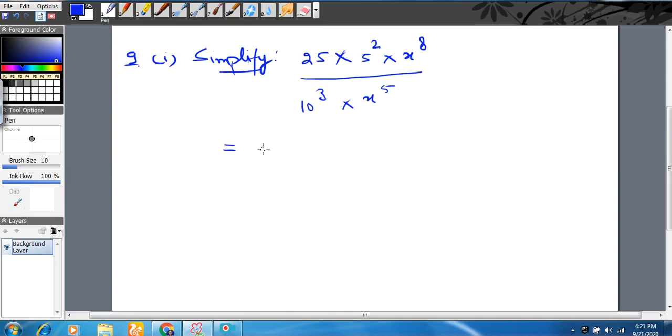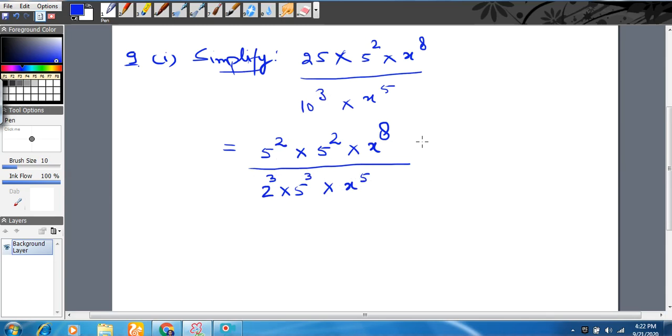Means यहाँ पर हम 25 को फैक्टराइज कर सकते हैं 5 स्क्वायर, तो इसको हम एक्सपोनेंट फॉर्म में लिखेंगे बिकॉज बाकी नंबर्स भी एक्सपोनेंट फॉर्म में, एंड राइट नेक्स्ट 5 स्क्वायर विच इज ऑलरेडी गिवन, राइट x पावर 8, देन फैक्टराइज 10 क्यूब. सो 10 को हम लिख सकते हैं 2 इंटू 5, एंड इट इज़ क्यूब बिकॉज 10 का जो होल क्यूब है वो ऑलरेडी गिवन है, तो हम 10 को फैक्टराइज कर रहे हैं और वही एक्सपोनेंट हम अप्लाई करेंगे, एंड it will be x power 5 as it is already given.